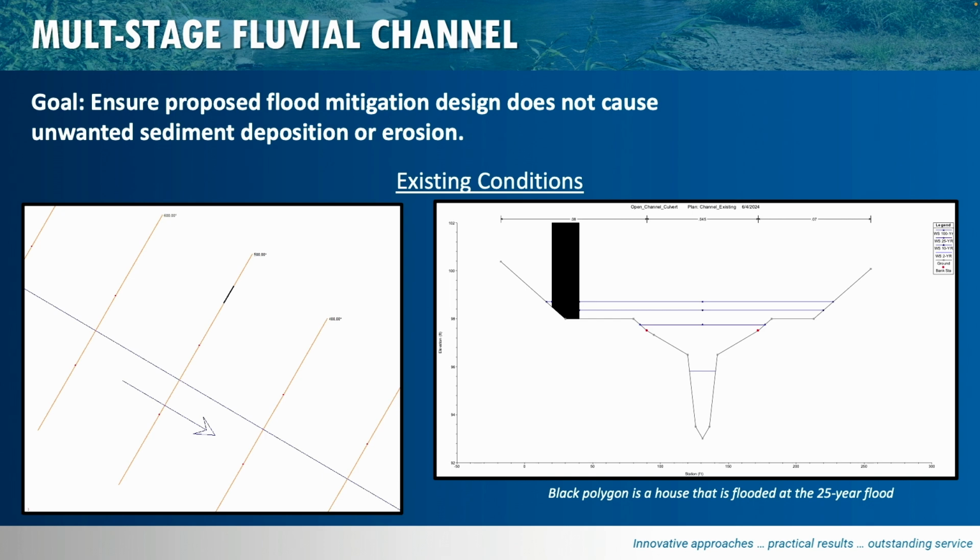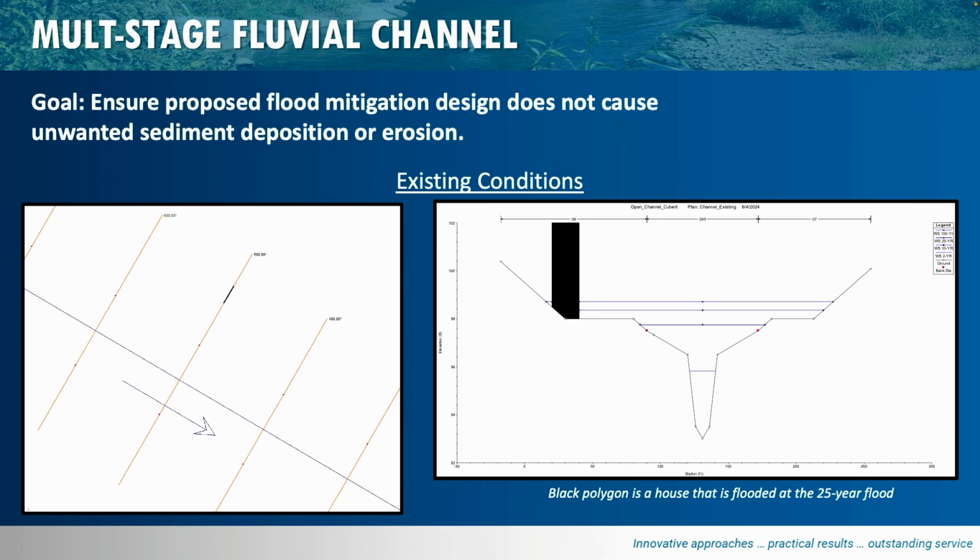Here's a simple one-dimensional steady state HEC-RAS model. There's a house here in the black polygon, and it's being inundated at the 100-year and the 25-year flood event. Our flood mitigation goal is to keep the 25-year, which is the second line from the top, within the channel, and then lower the highest line on the image by the black polygon below the first floor elevation of that house.